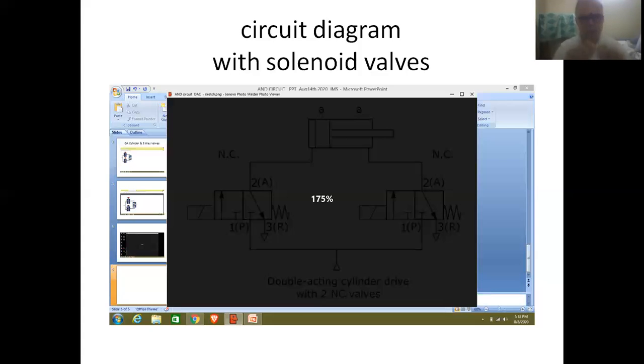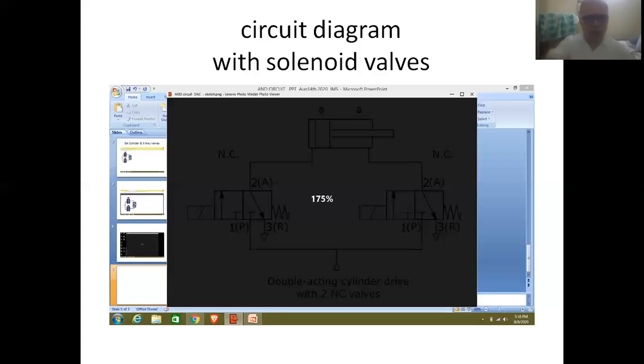So friends, the construction and working of both these valves is one and the same. The only thing is, the first valve is used for performing the forward stroke of the piston, and the second valve is used for performing the return stroke of the piston.